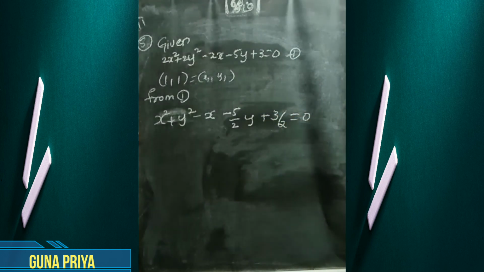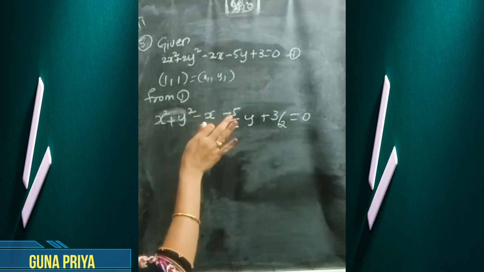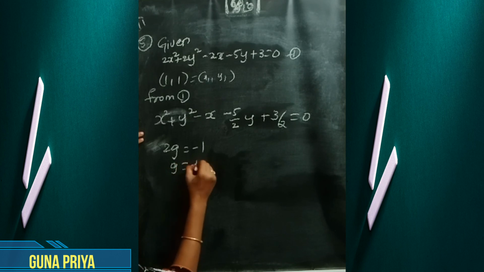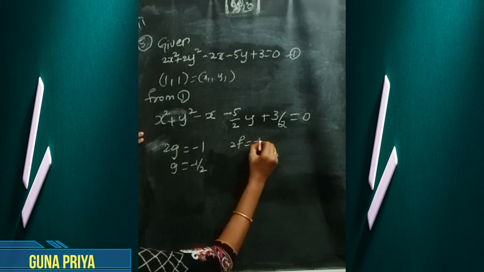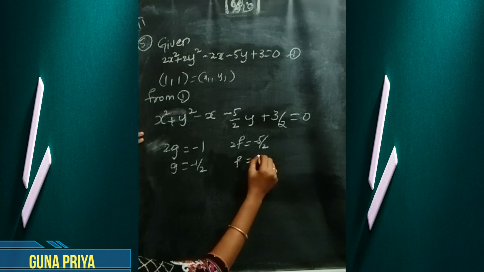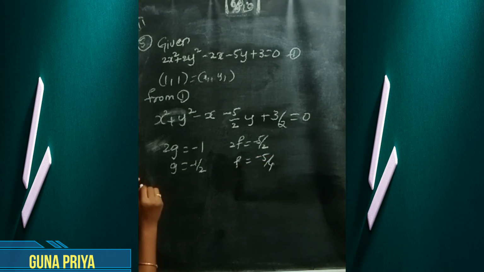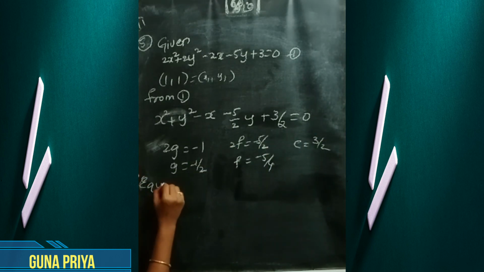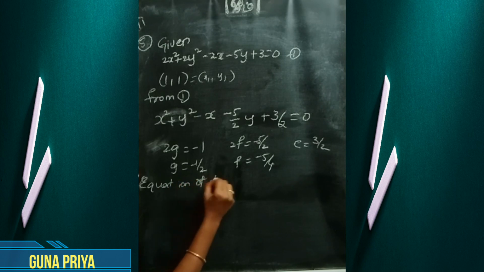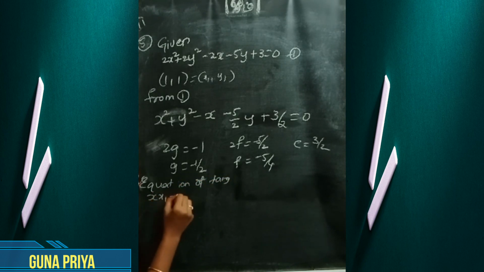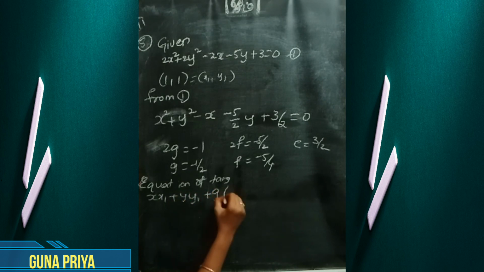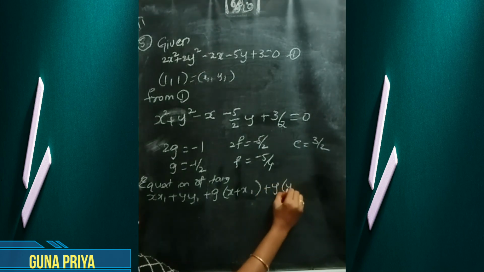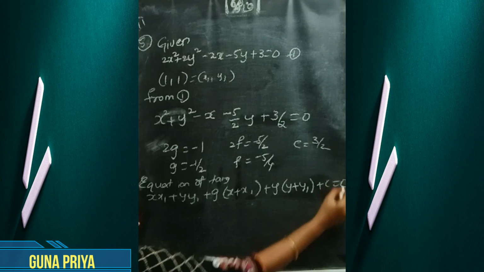Okay, I think you have understood already. We have done these problems in the previous section. 2g equals to minus 1, so g equals to minus 1 by 2. 2f equals to minus 5 by 2, f equals to minus 5 by 4. And c is nothing but 3 by 2. Equation of tangent. What's the formula? x x1 plus y y1 plus g into x plus x1 plus f into y plus y1 plus c equals to 0.